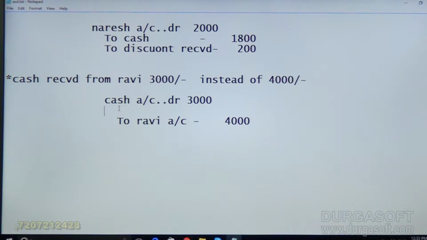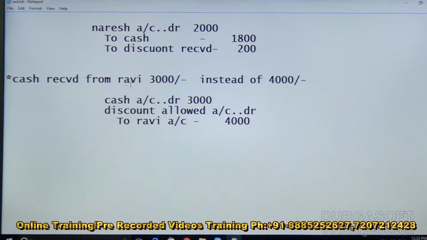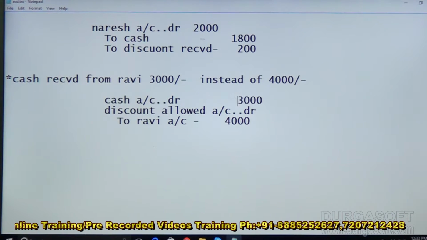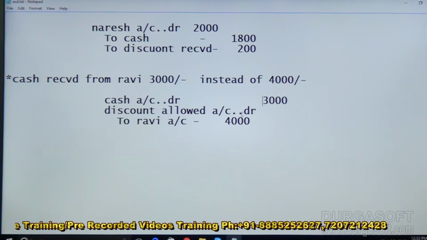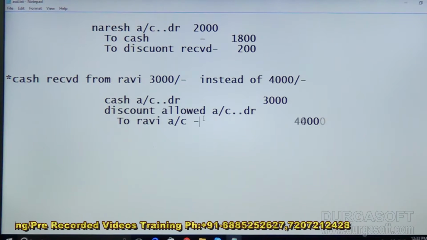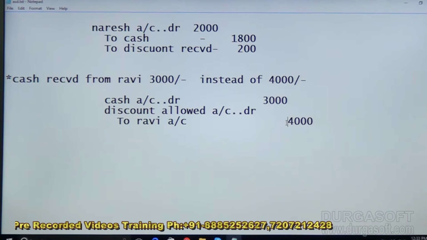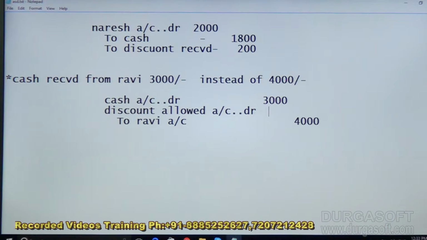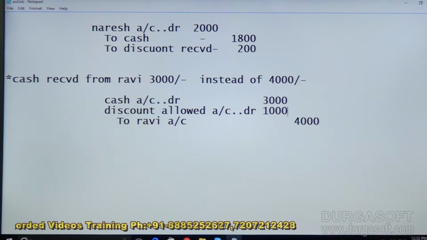So what is the discount here? We need to write discount allowed account debit, here 1000 rupees.